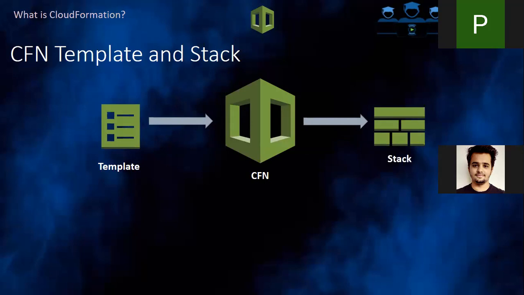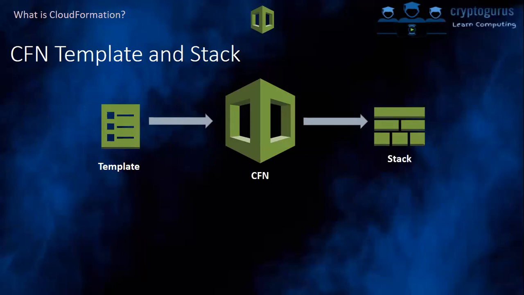The stack is a group of resources specified in the template. We can say the stack is the combination of EC2 instance, RDS, S3 bucket, Elastic Beanstalk, etc. The stack contains the physical resources which are created by CFN based on the available template.